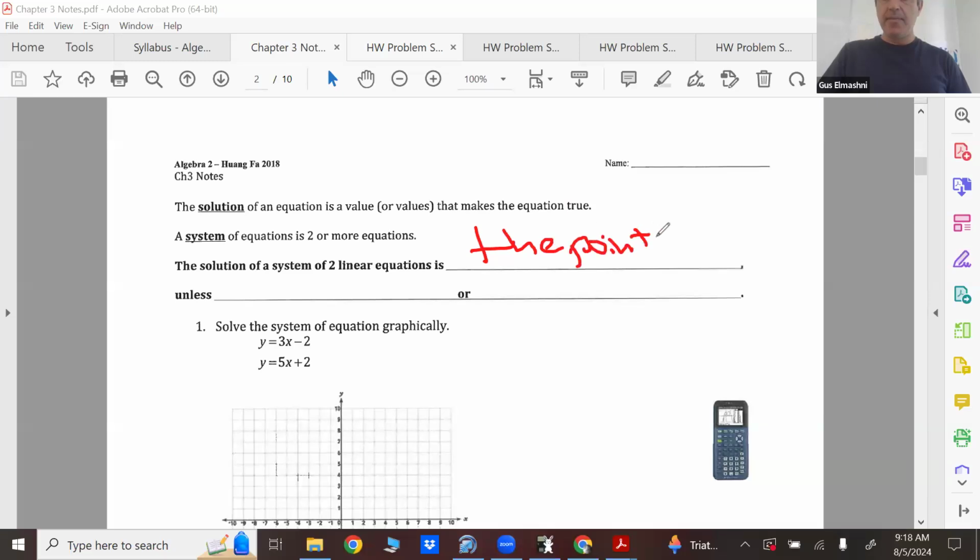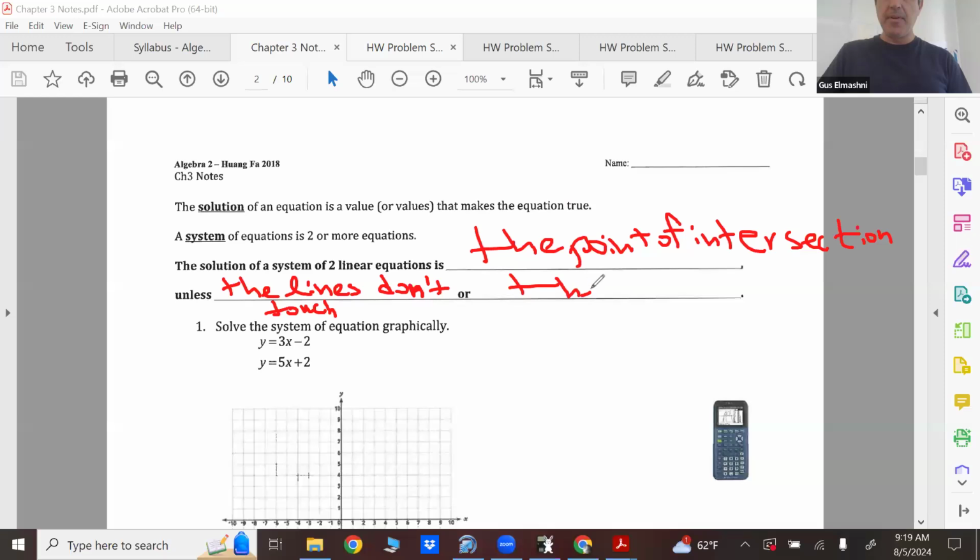of intersection. Unless the lines don't touch, or the lines are identical.